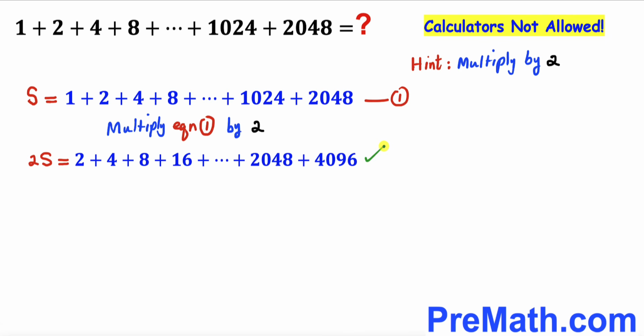So this equation is 2S equals 2 plus 4 plus 8 plus 16 all the way to 4096. I'm going to label this as our equation number 2.